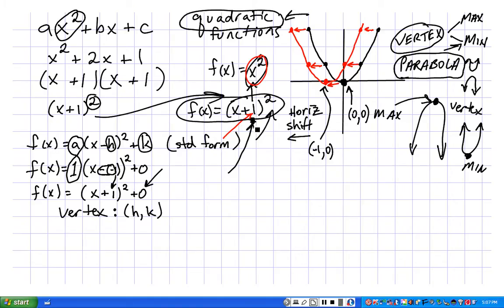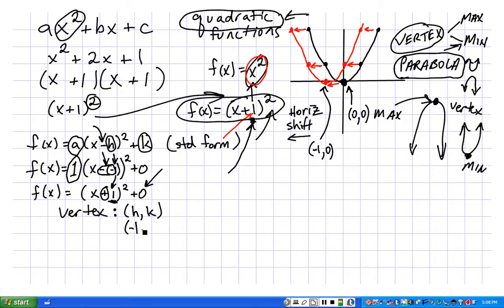But really if we didn't know the transformation and we just focused on knowing the standard form, then we knew because we had a plus 1 right here that our h is actually a negative 1, because the formula says x minus h, and if h is a negative number, then minus a negative is why you see this plus sign right here. But we must remember h was really a negative 1.